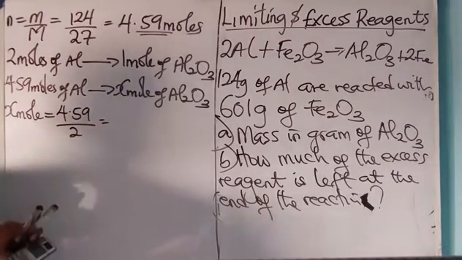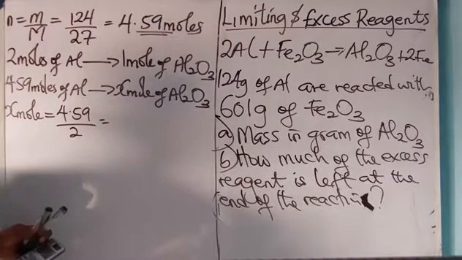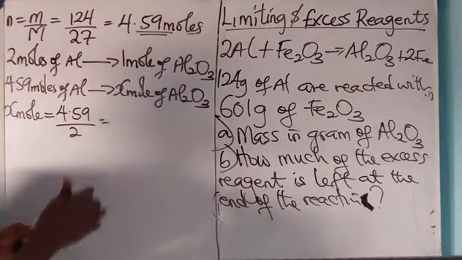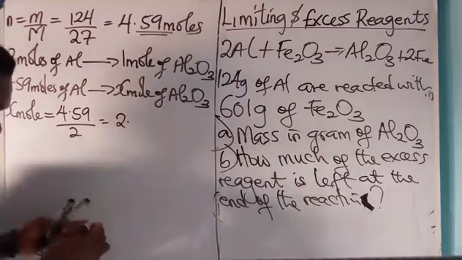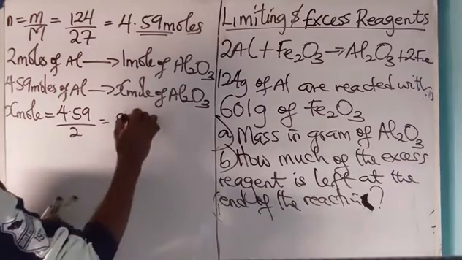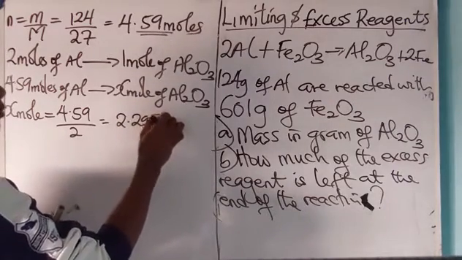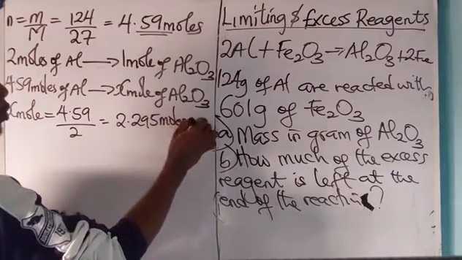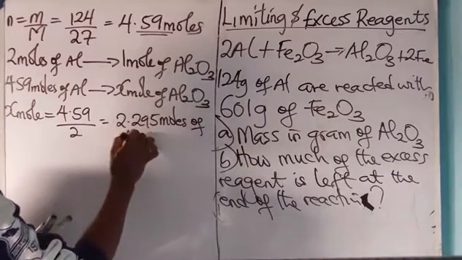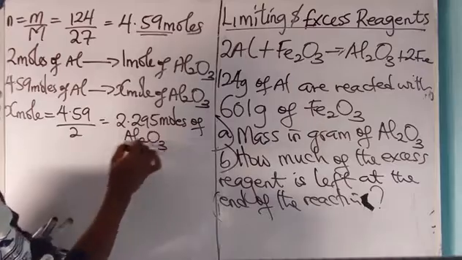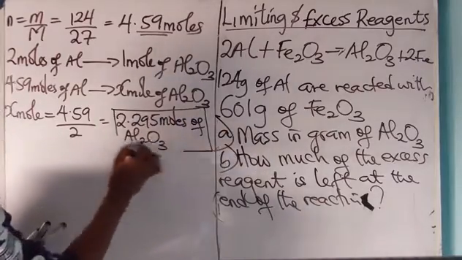So we have 4.59 divided by 2 equals 2.295 moles of aluminium oxide. So this is the first case.